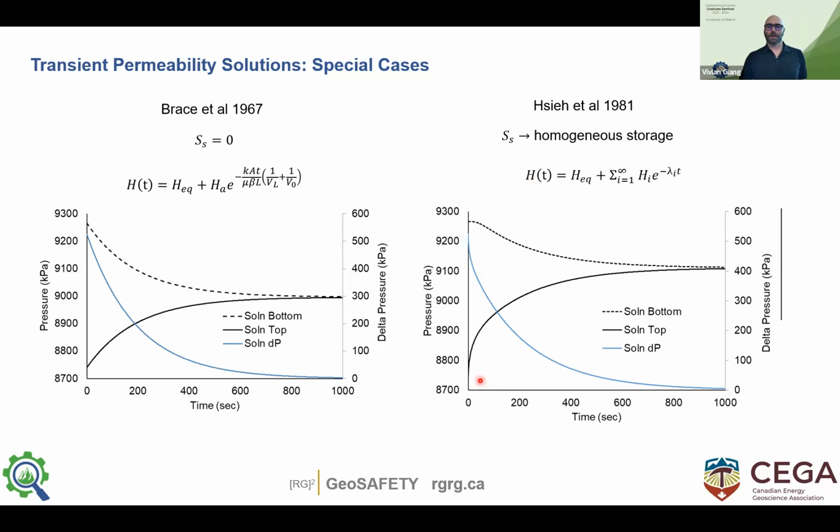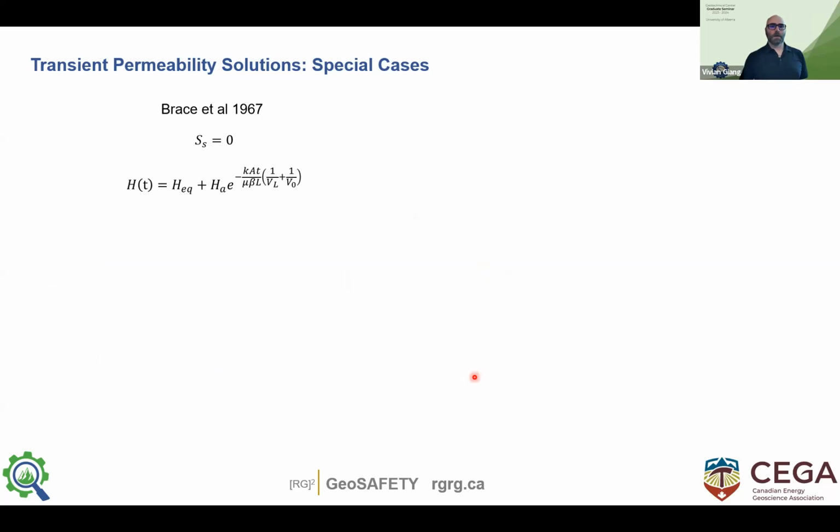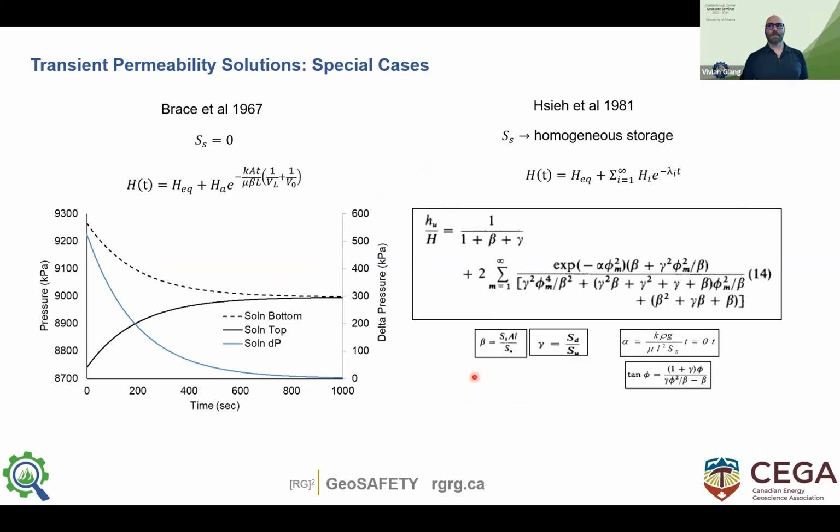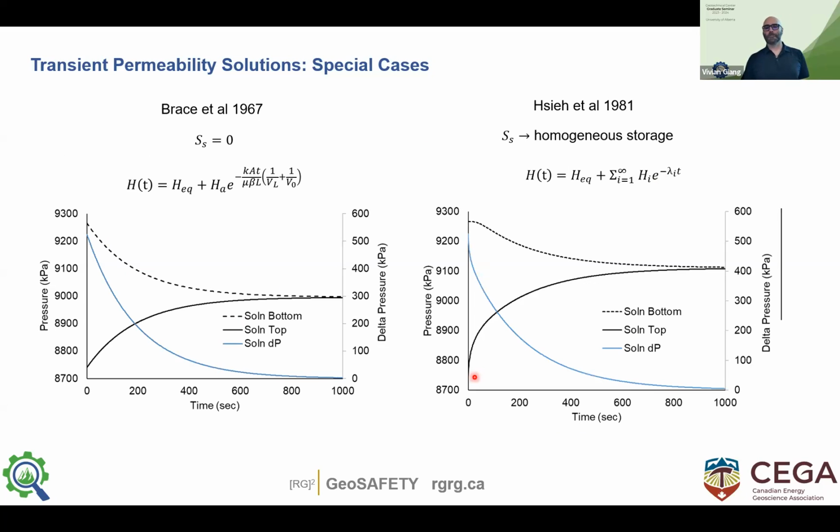So here is the pulse. This is the solution from this data set. So it's the same data. It's the data with the solution attached now. So this is what the solution looks like. This component up here is the specific storage of your rock sample.